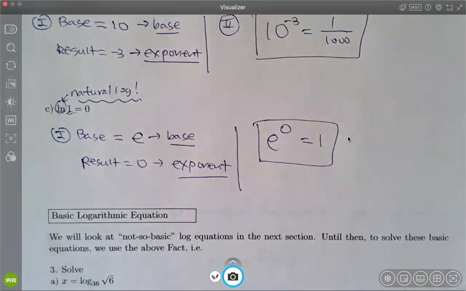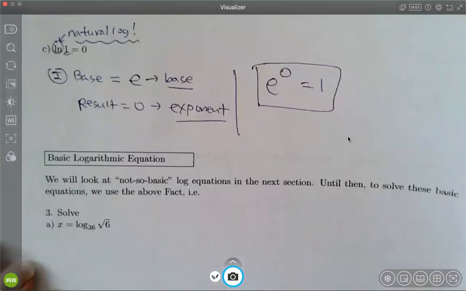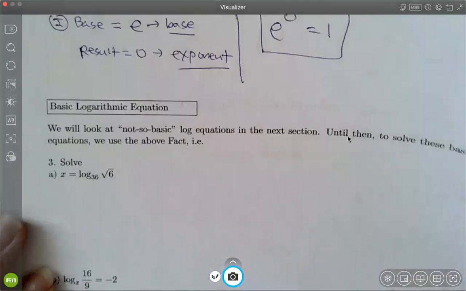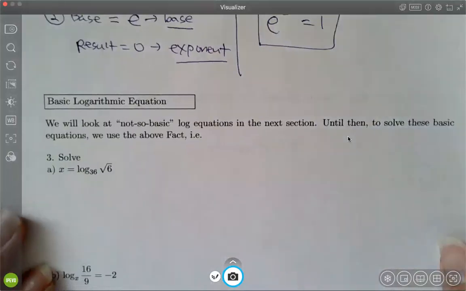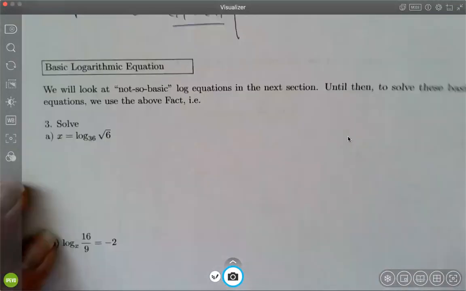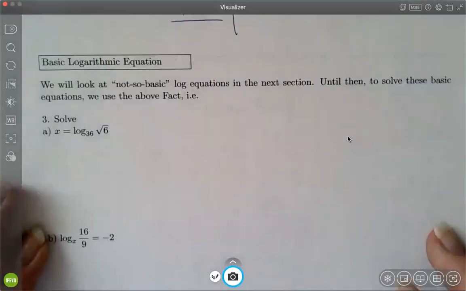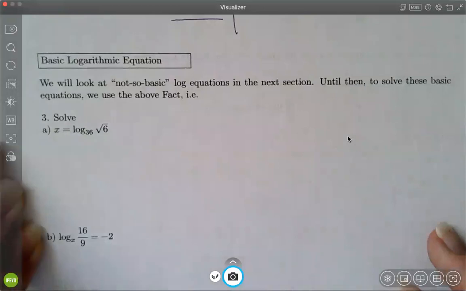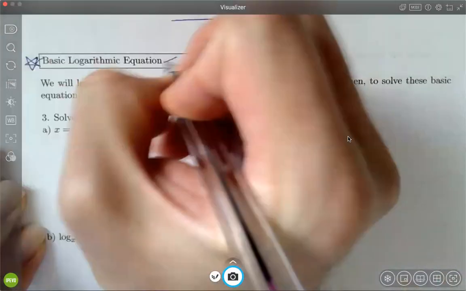Okay, so now, just like we saw basic exponential equations in the previous section, let's look at basic log equations, okay? And we will look at not so basic log equations in the next section, 4.5. But what's the strategy of solving these basic log equations?